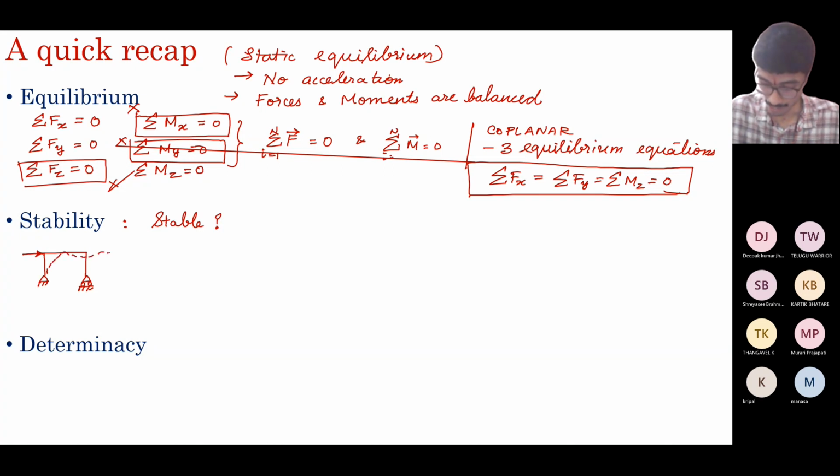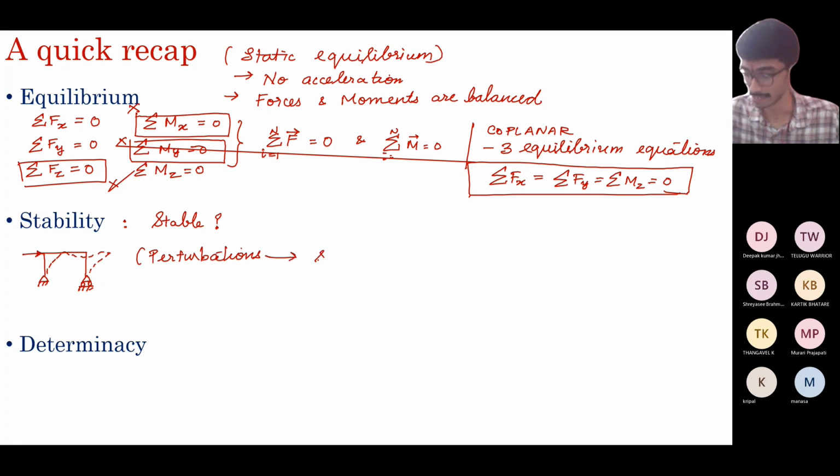It deforms in a certain fashion. So when you perturb the structure slightly, it shouldn't accelerate. So it could very well be in equilibrium, but under perturbations it should not accelerate. It shouldn't become a mechanism.